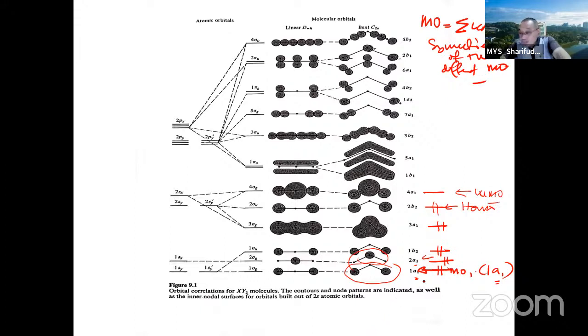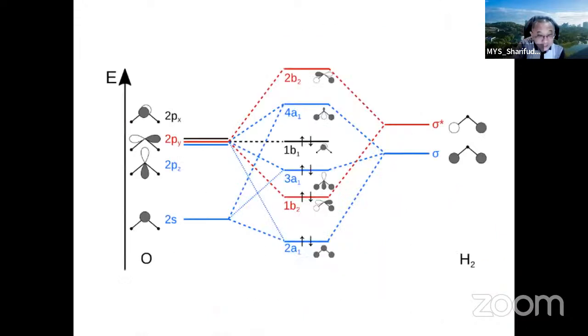This is in general, but in reality, depending on the structure of the bent C2V molecule, like the water molecule, it is bent at about 104 to 105 degrees, the bend between the two O-H bonds. So that bending causes some changes to the energy levels. So the real one looks like this.